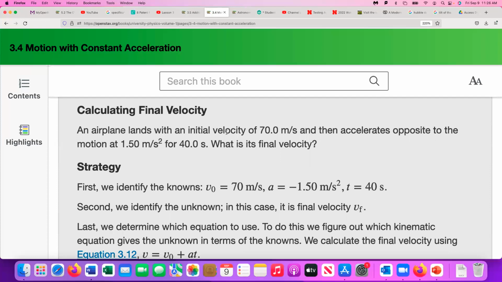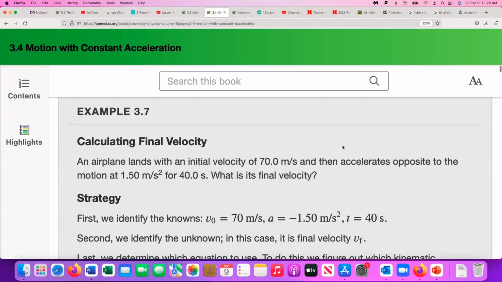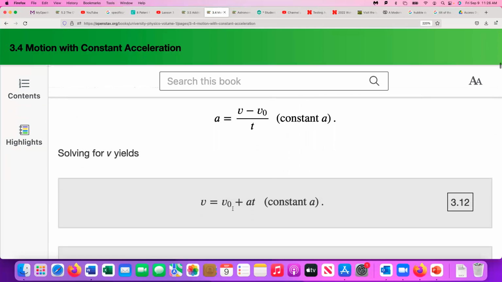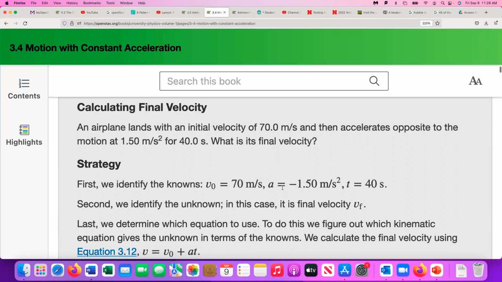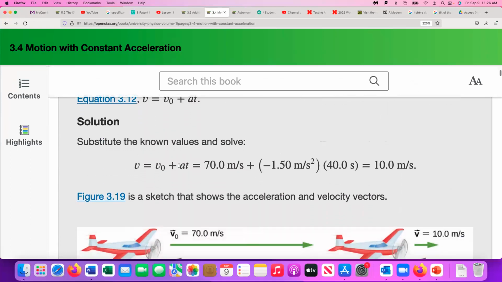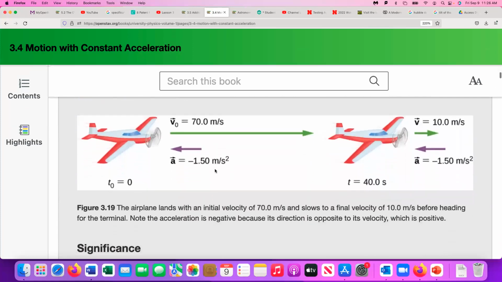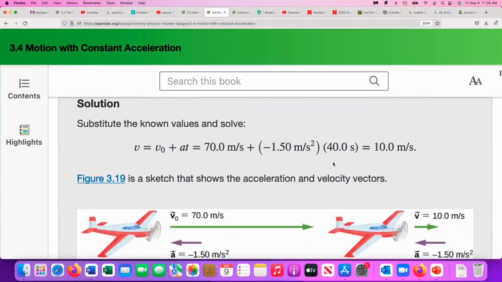It's going to do this for 40 seconds, and we're going to find out the final velocity by using the equation right here. V final equals V initial plus acceleration times t. Remember, your acceleration needs to have the correct sign. In this problem, the acceleration is negative. So there are the parameters that we're going to use. We're going to put them into this equation and solve for the final velocity. Turns out it's going to be a final velocity of 10 meters per second.